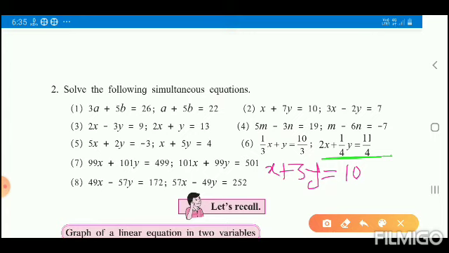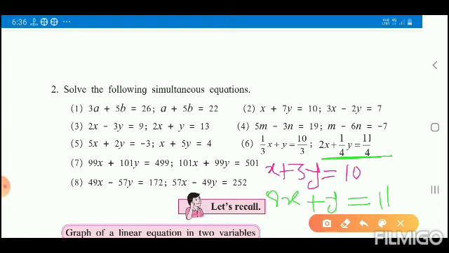So this equation will become 4 twos are 8x plus, 1 upon 4 multiplied by 4, your answer is 1. So what will remain? y is equal to, here again 4 will cancel, 11. Now do you understand how to solve this equation?